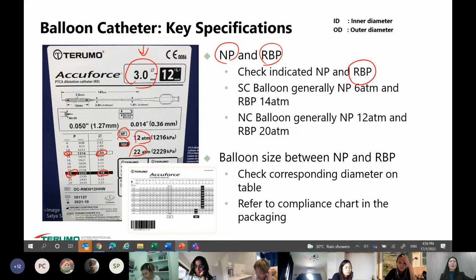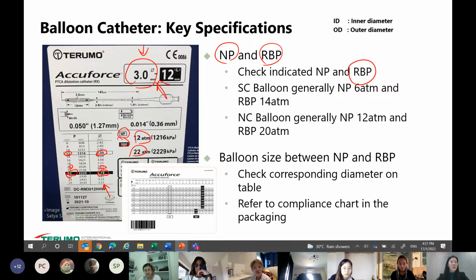So for example, if the doctor sees that I want to expand my lesion to 3.15, so I take a 3.0 balloon and I expand it up to 20 ATM and I get 3.15, then I'm happy with this balloon. I can use this balloon for that. But I cannot say that I want a 3.30 balloon, or that for this balloon I want to go up to 3.25.